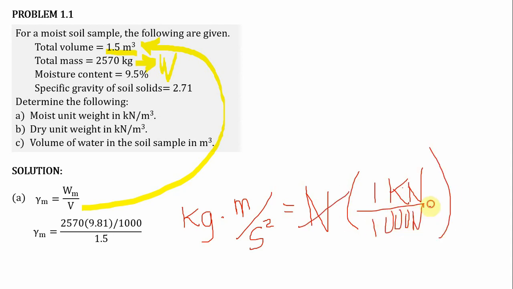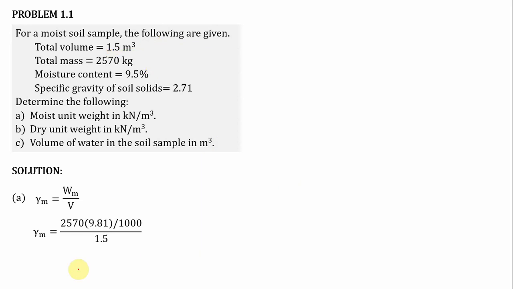So, cancel to. Therefore, the remaining is in kilonewton divided by cubic meter. So, our answer will be 16.81 kilonewton per cubic meter, and this will be our final answer.